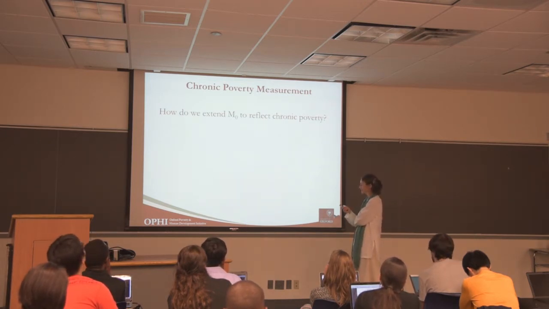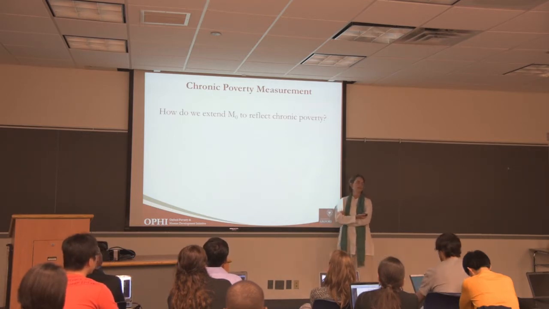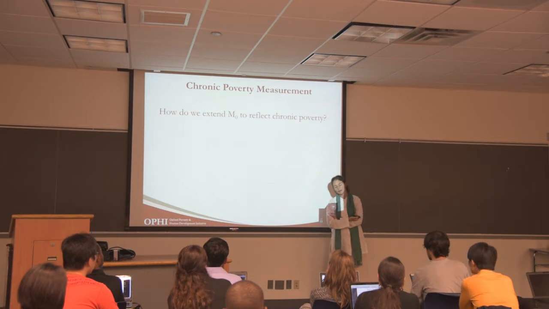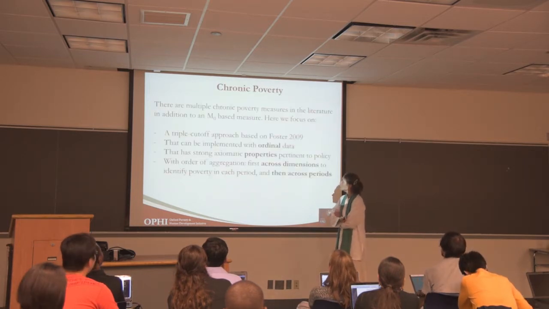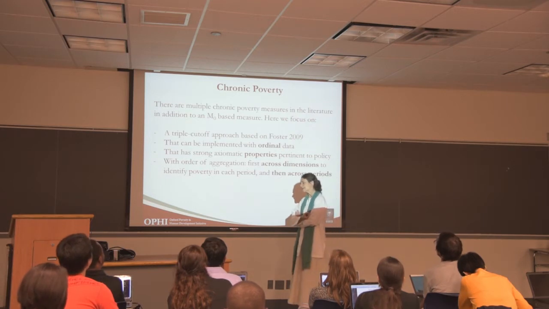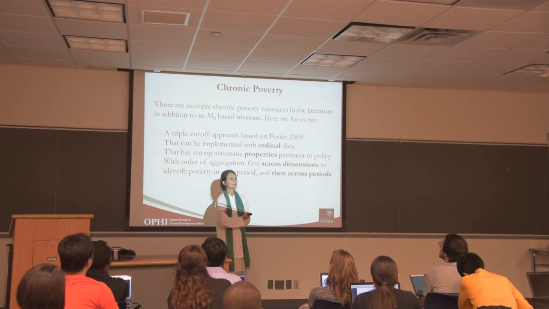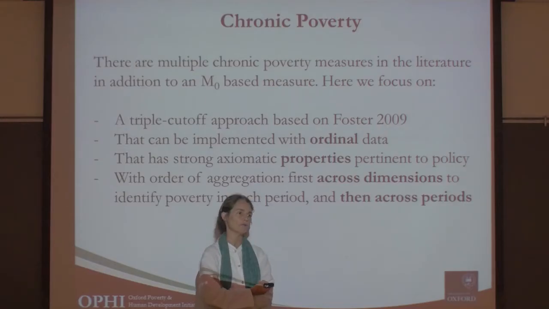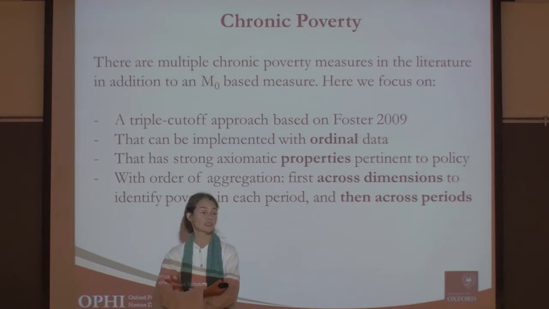The work that I'm presenting here on a chronic measure is joint with Sati Chakravarti, Mauricio Plaza, and Gaston Yalanetsky, and it's up online as a working paper. So basically, in 2009, James Foster developed a method of measuring chronic poverty, which is very much like the measure we've looked at for multidimensional poverty.